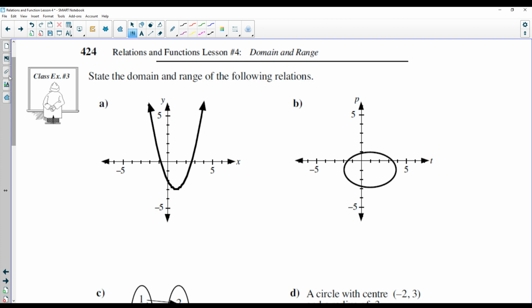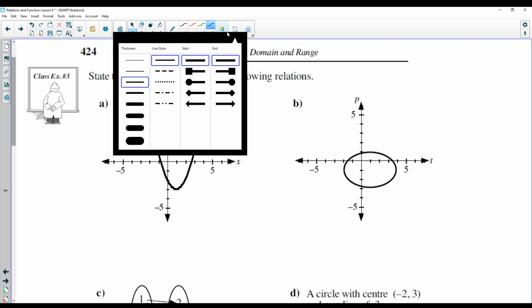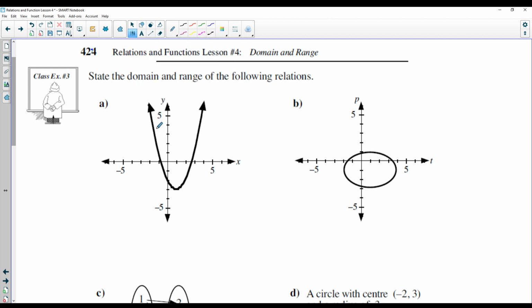Okay, so it says state the domain and range of the following relationships. Okay, so this top one, again, the arrows mean this keeps going on forever. So let's start off with the domain. So which x values are allowed?